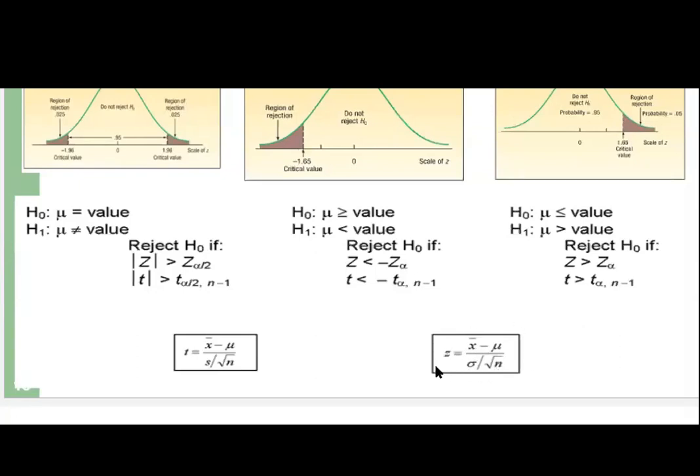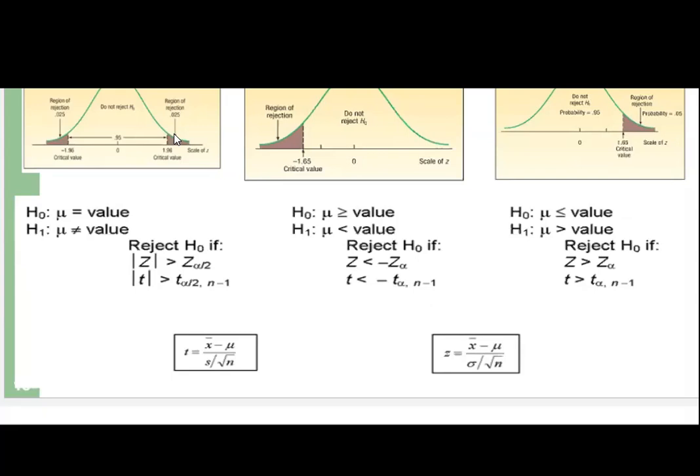So if the absolute value of Z stat is more than Z critical, we will reject H0. Z critical is that borderline. If the Z stat is outside that range, that means you have less error, you have more confidence. That is good. That means you reject H0.